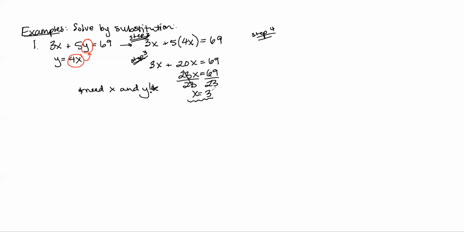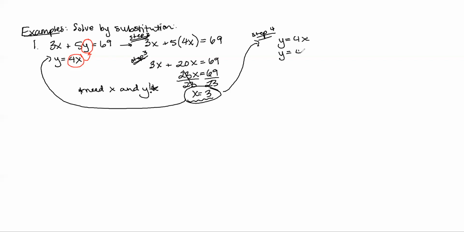Usually one of them is going to be a little bit nicer to work with. This bottom one is super nice because the y is already by itself. So let's take this, plug it into y equals 4x. So we get y equals 4 times 3, so y equals 12.